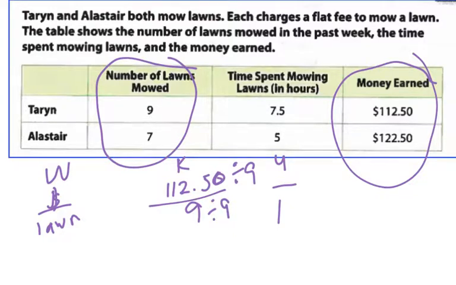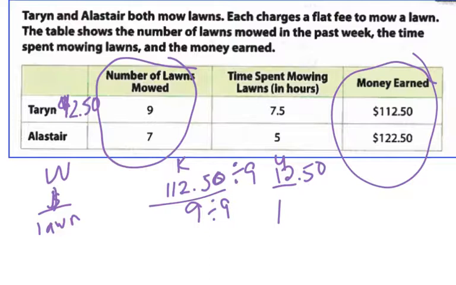You'll punch in $112.50 divided by 9, and you're going to get $12.50. So Taryn charges $12.50 per lawn.